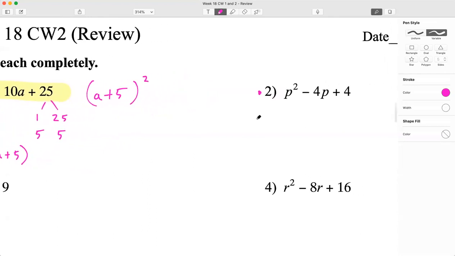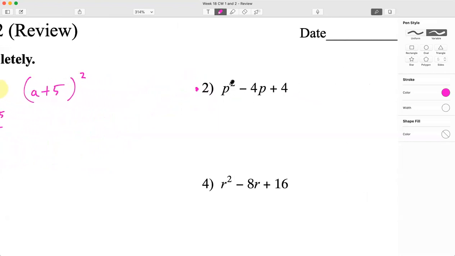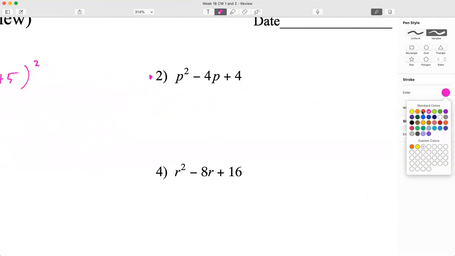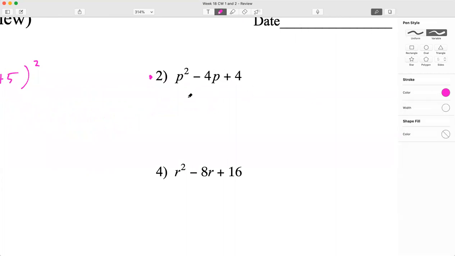Perfect square trinomial. Here's another perfect square trinomial. Let's see if you can do this one on your own. Okay, this process is the same, P and P. For the factors will be the same. So whatever number multiplies by itself to get 4, that's going to be the number you want.